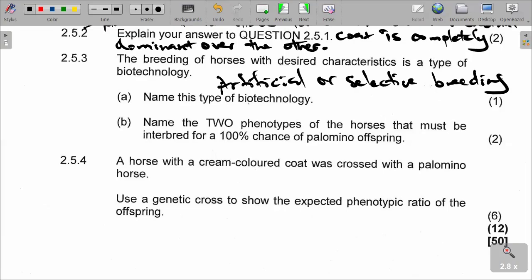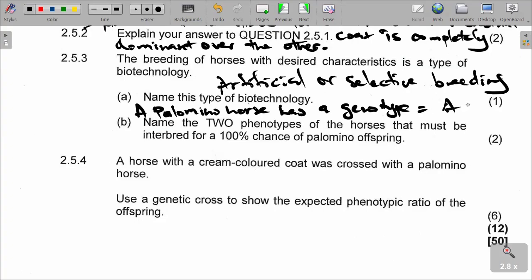It must be a cream coat color and a chestnut coat color. A palomino horse has a genotype of AG.